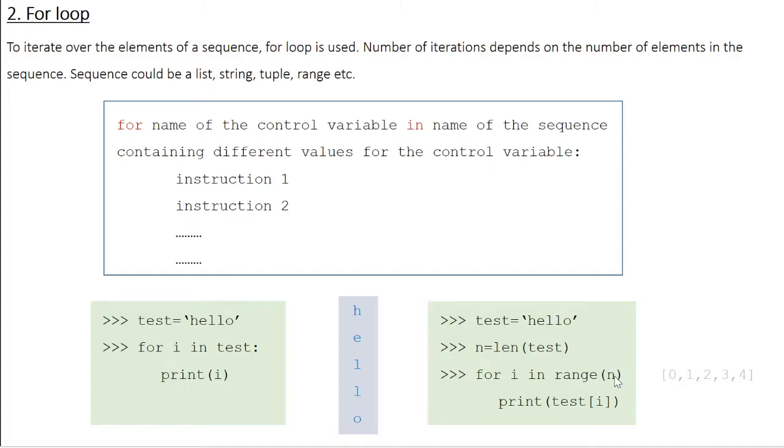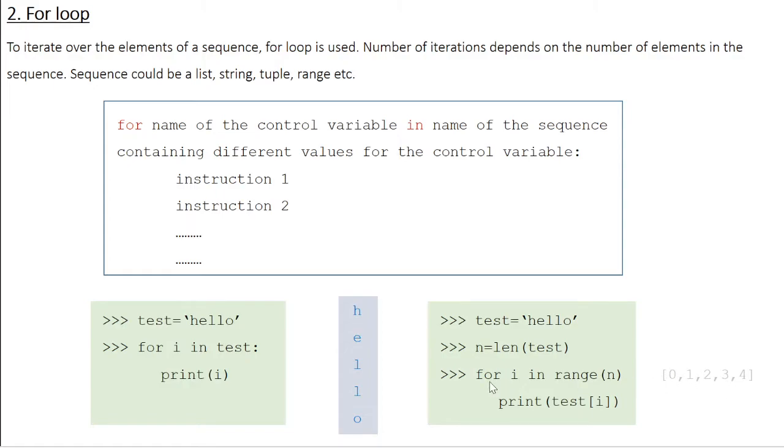So when I say range(n), it's going to create a list of integers starting with element 0 all the way to n minus 1, which is 4, with a step size of 1. So your list is going to be 0, 1, 2, 3, 4.